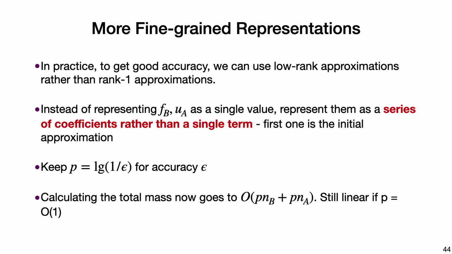But for the step where we had to combine, the one-step approximation, rather than order 1, now it's going to take order p, where p is log 1 over epsilon, because that's the number of terms. Before it was order 1 because we only kept the first term of this expansion, but now for better accuracy, you keep more terms, and it takes however many terms you have to combine them.